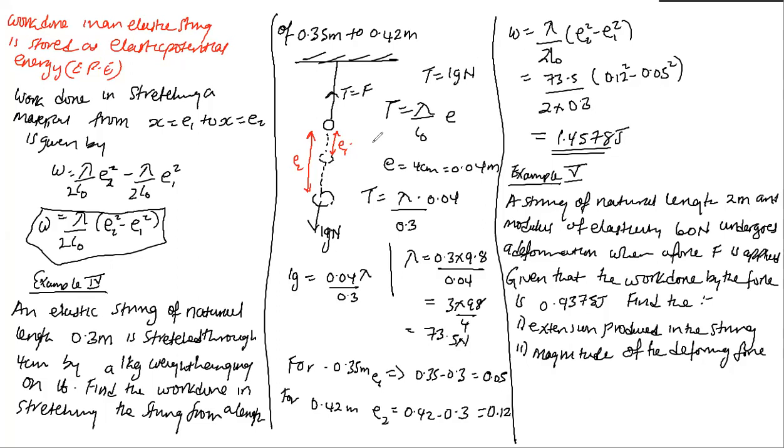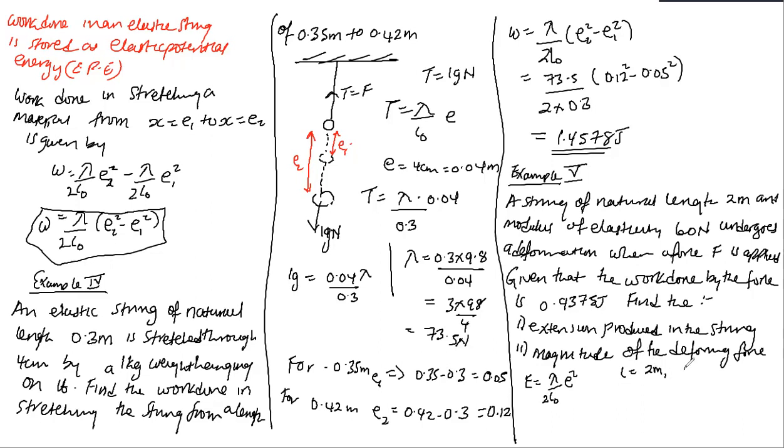So in that case, you'll see that you have the modulus of elasticity, you have the energy given, but you don't have the extension yet. So the first concern is to find the extension itself. From the formula of energy, which is equal to lambda over 2 L naught times E squared. The original length is 2 meters.